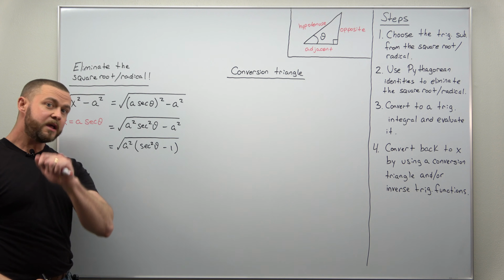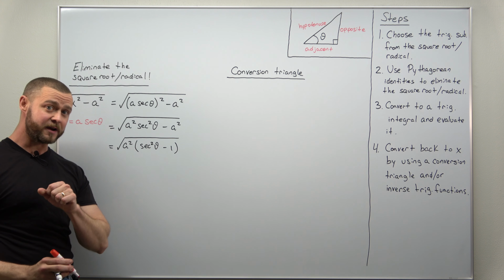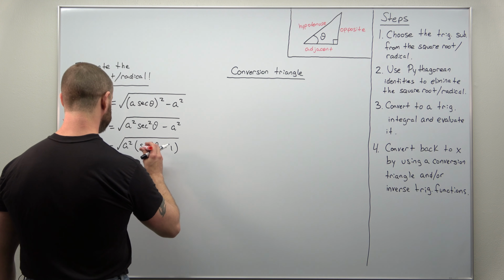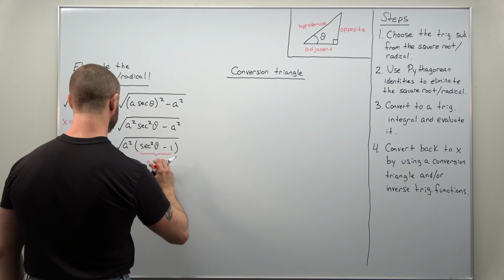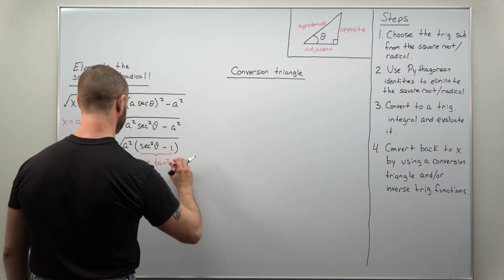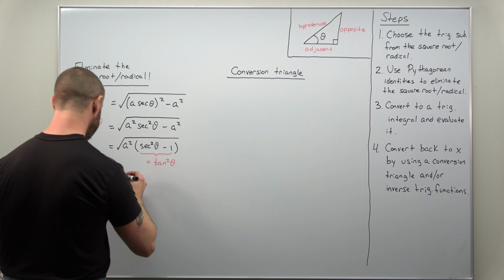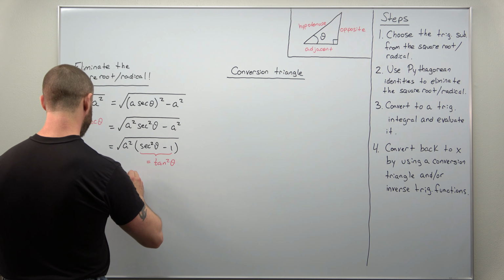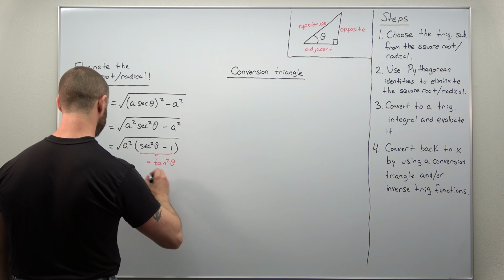And here, inside those parentheses, we make use of the second Pythagorean identity, but rearranged: secant squared minus 1 equals tangent squared. And if we go ahead and put that in, we get the square root of a squared times tangent squared theta.